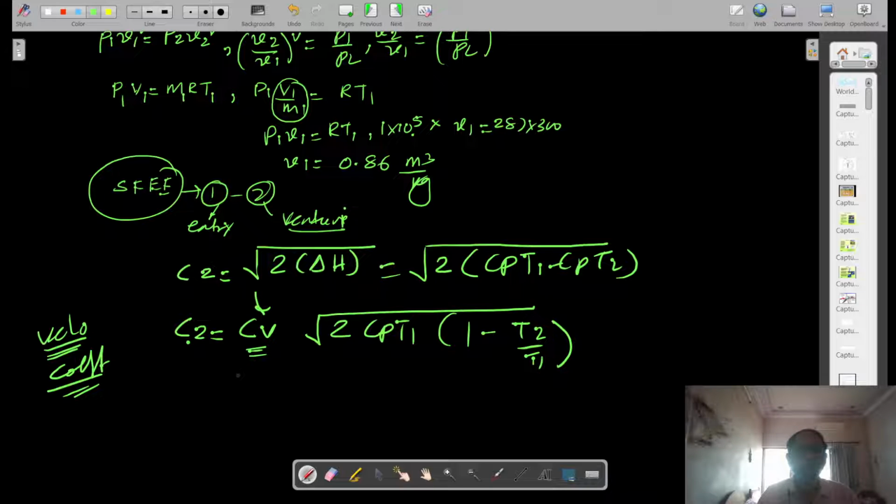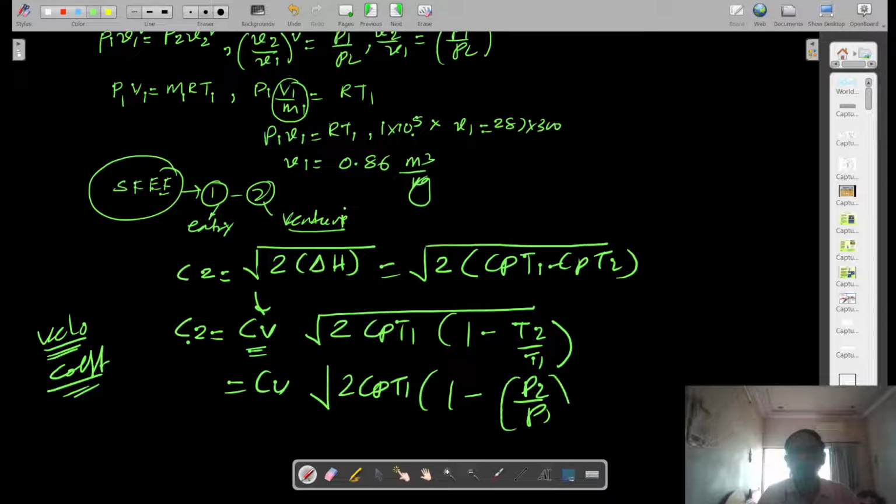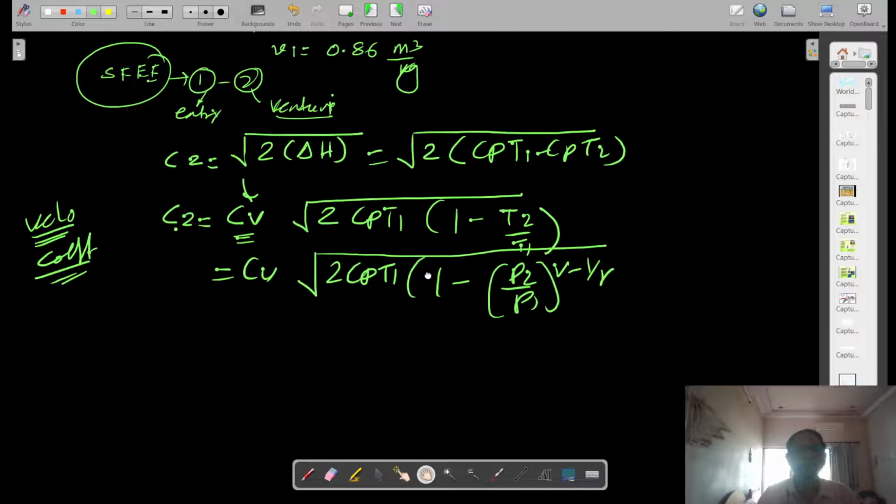Further, this equation can be converted into twice CP T1, 1 minus P2 by P1 to the power gamma minus 1 by gamma.